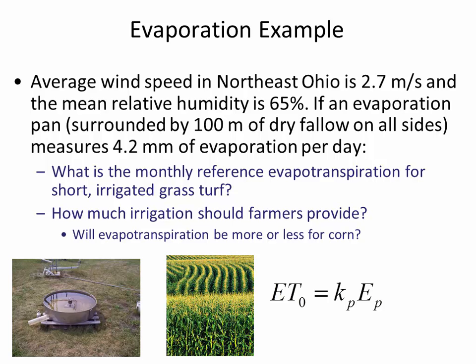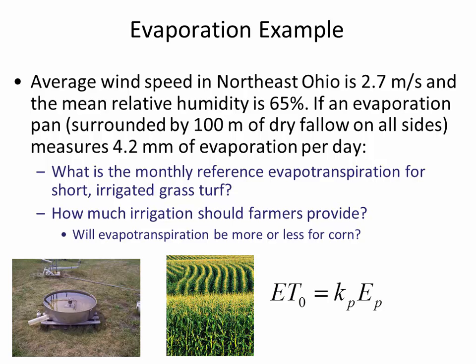And so the first thing that we're given is the pan evaporation. E sub P is 4.2 millimeters per day. And we want to know what's the monthly reference evapotranspiration for short irrigated grass turf. And then the other thing we're going to try and find out is how much irrigation should farmers provide in order to overcome this evaporation that's occurring.